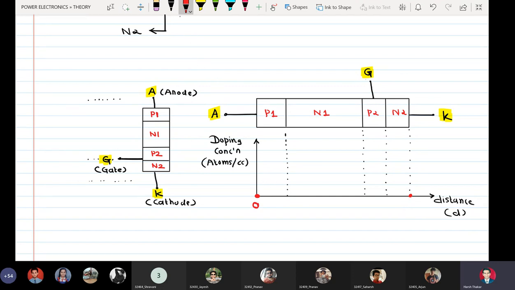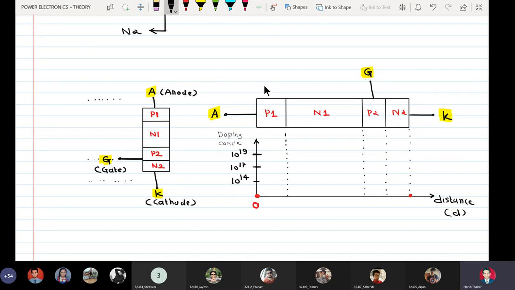Now there are three levels: 10 raised to 19, 10 raised to 17, and 10 raised to 14. See now how it goes.